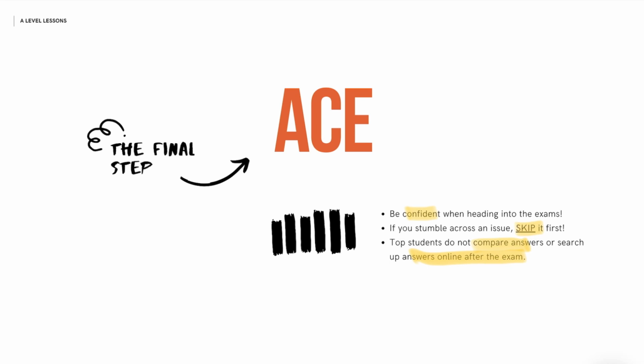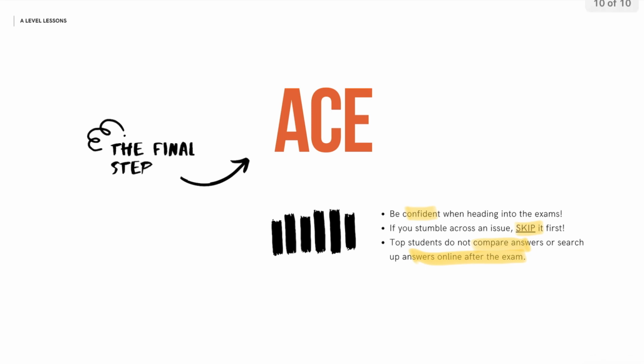And this can lead you into a downward spiral, and it could cause your subsequent papers to become affected as well. So as far as possible, after the exam, take your bag, run home, don't talk to your friends, just go home, focus on the next paper that is up and coming.